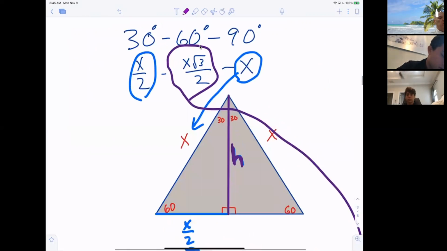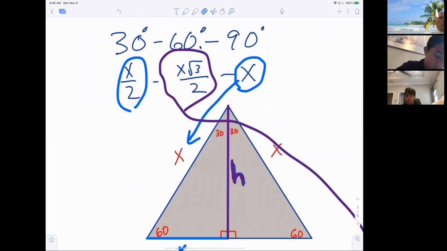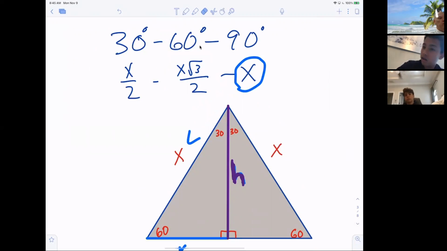So just to make sure you're good, guys, you can write this relationship down if you think you need it. 90 is always the x. Opposite the 30 is always x over 2. Opposite the 60 is always the hypotenuse times radical 3 divided by 2.